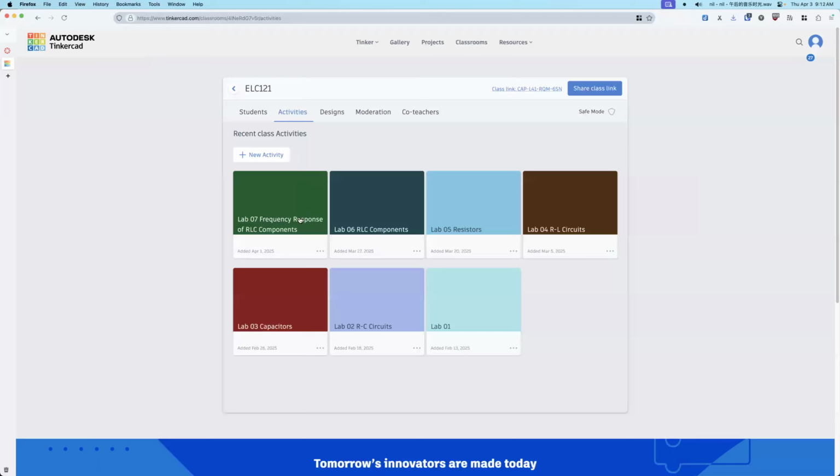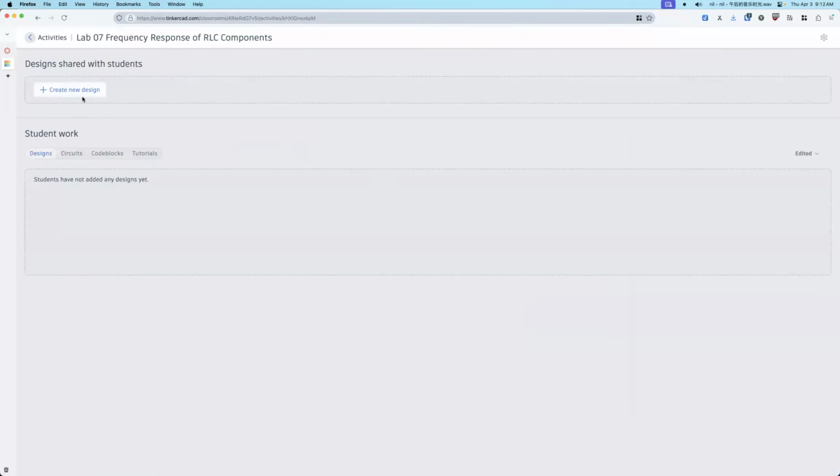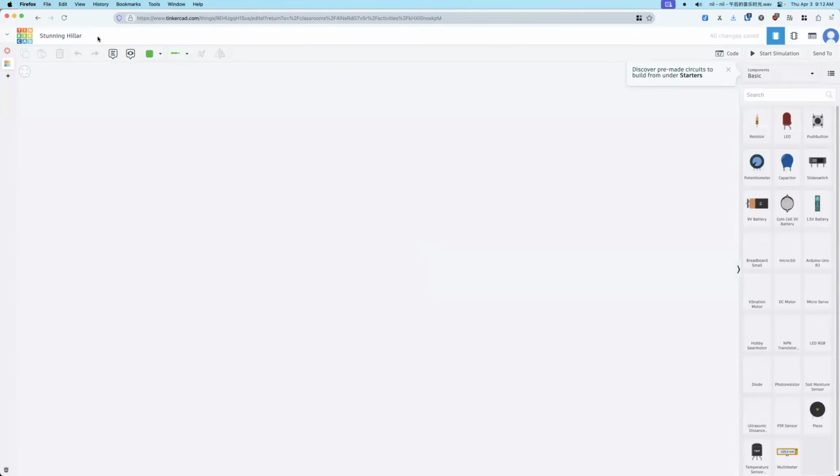So go to Tinkercad, open this one, create a new design. Okay, let me change the name first.